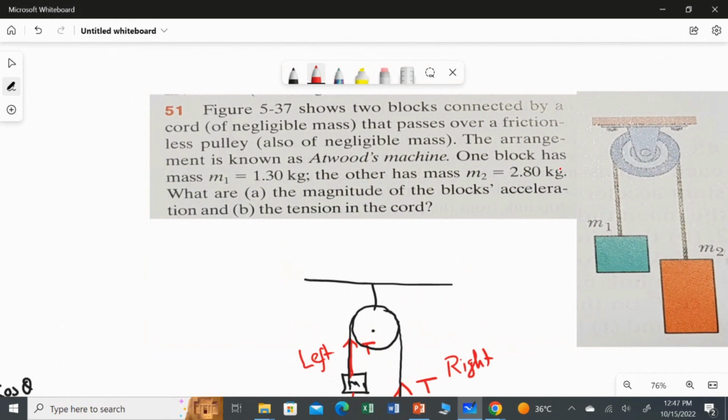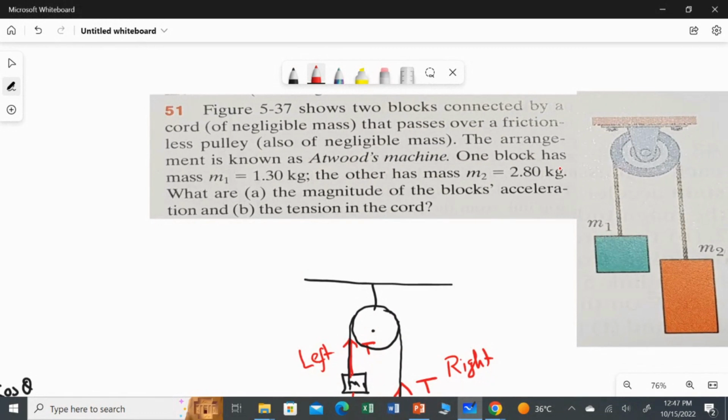The friction between the pulley and the cord is negligible because there is no friction. The arrangement is known as an Atwood machine. One block has a mass of 1.3 kilograms, that is M1, and the other block M2 has a mass of 2.8 kilograms. So M1 is smaller than M2.